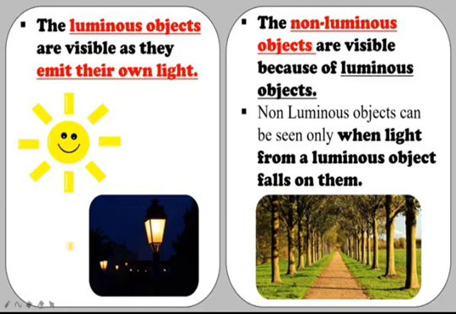Luminous objects are visible as they emit their own light, and non-luminous objects are visible because of luminous objects. Non-luminous objects can be seen only when light from a luminous object falls on them. I hope you understood the differences between luminous and non-luminous objects.